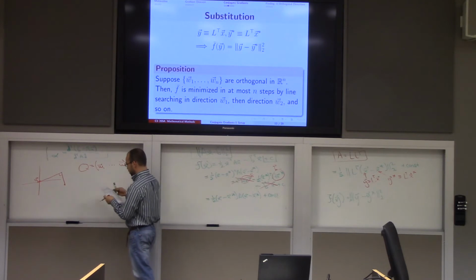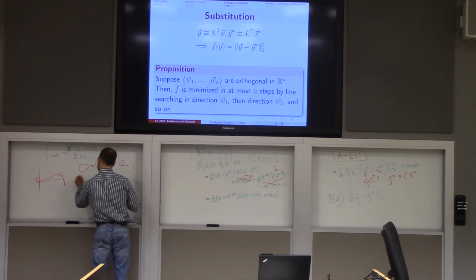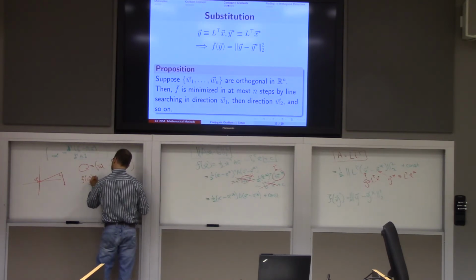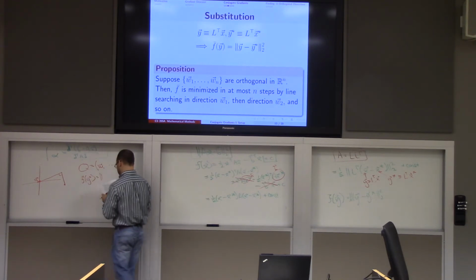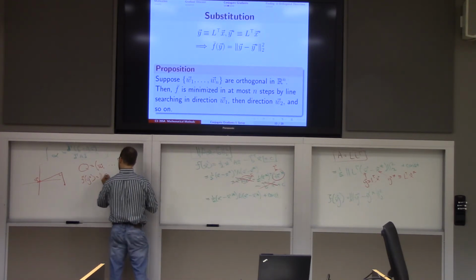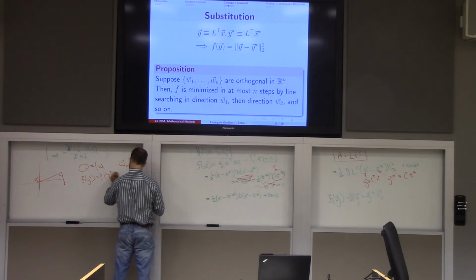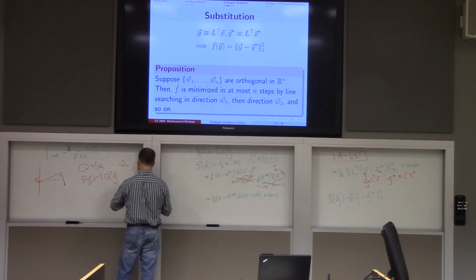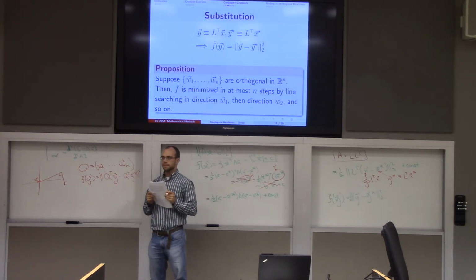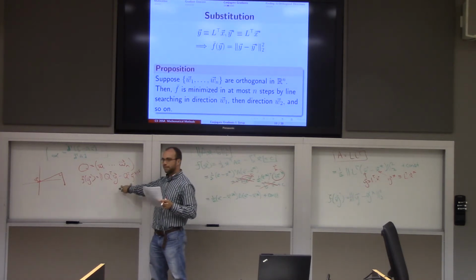So in particular, I can say that f bar of y, since orthogonal things preserve lengths, has an alternative form: the norm of Q transpose y minus Q transpose y star.